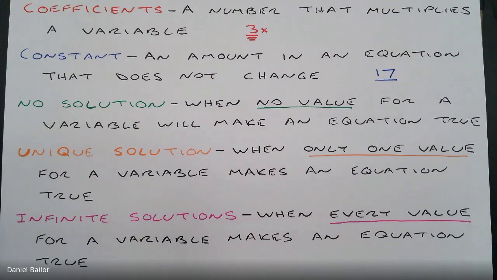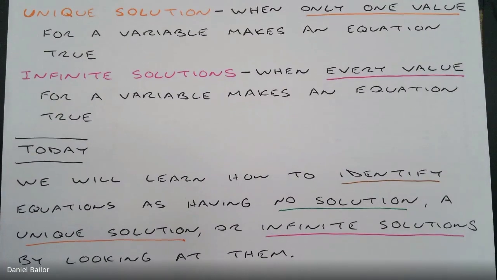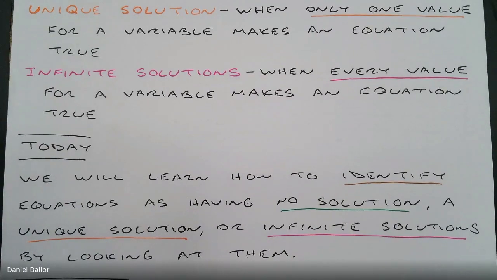So what we are going to do today is learn how to identify equations as having no solution, unique solution, or infinite solutions just by looking at them. So we're going to classify, we're going to sort equations. We're going to look at a bunch of equations and find out which are no solution, which are unique solutions, which are infinite solutions.